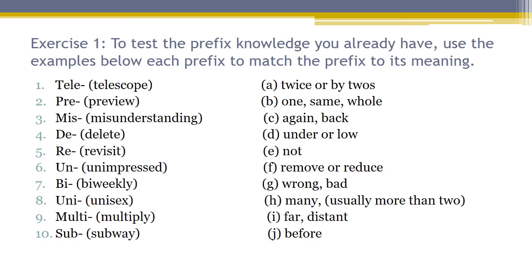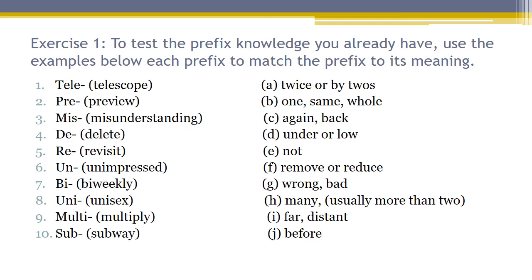Exercise 1. Let's test your knowledge on prefixes that you might already know. So use the examples below each prefix to match the prefix to its meaning. Okay, so tele in telescope, pre in preview, mis in misunderstanding, de in delete, re in revisit, un in unimpressed, bi in biweekly, uni in unisex, multi in multiply, sub in subway.